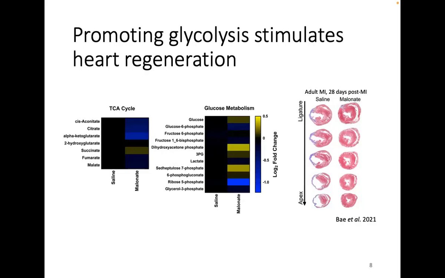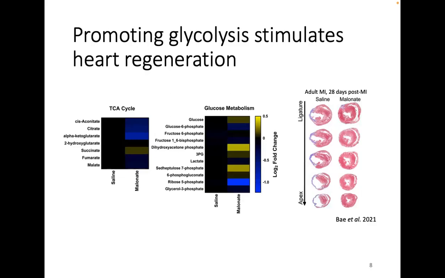The outcome on heart regeneration is showcased here on the right, where the adult hearts that still relied upon fatty acid oxidation and were treated with our vehicle control saline had a large scar formation in the left ventricle, shown all the way from just below the suture site down to the apex, really showing that those hearts would be a signature of heart failure.